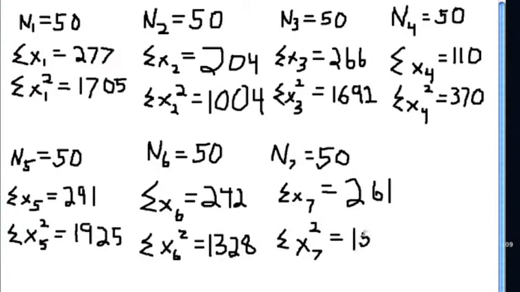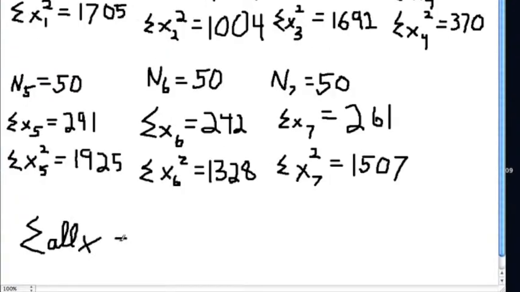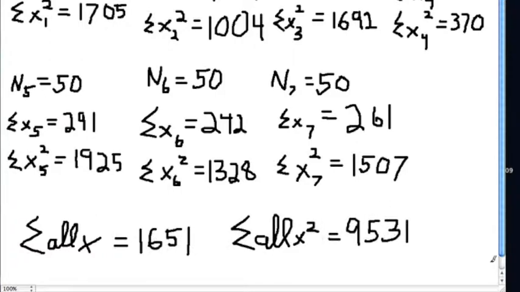We should also copy down the sum of all x, which was 1651, and the sum of all x squared, which is 9531.